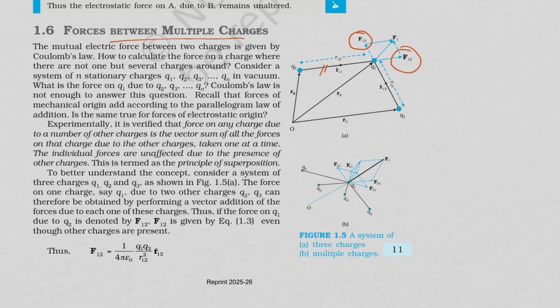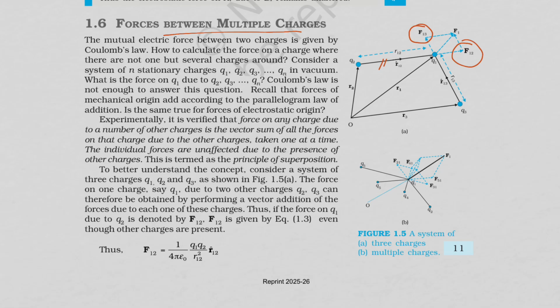So the force on any charge due to a number of other charges is the vector sum of all the forces on that charge due to the other charges, taken one at a time. The individual forces are unaffected by the presence of other charges. So we just have to figure out the individual forces and then add them, and this principle is called the principle of superposition.